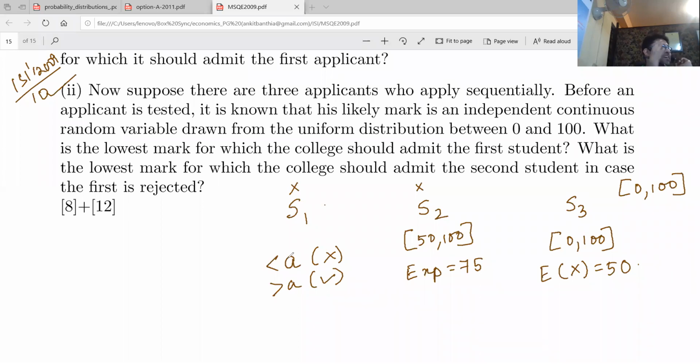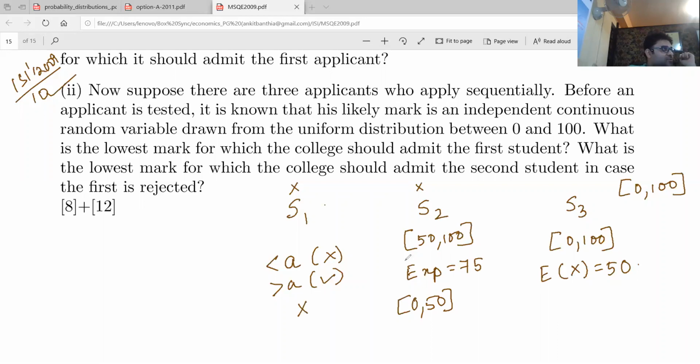Let's come to that. If I reject the first student, I go to the second student, right? The second student can get anything between 0 to 100. So if the second student gets a score of say 45, or a score anywhere in the region of 0 to 50, I will be rejecting the second student.